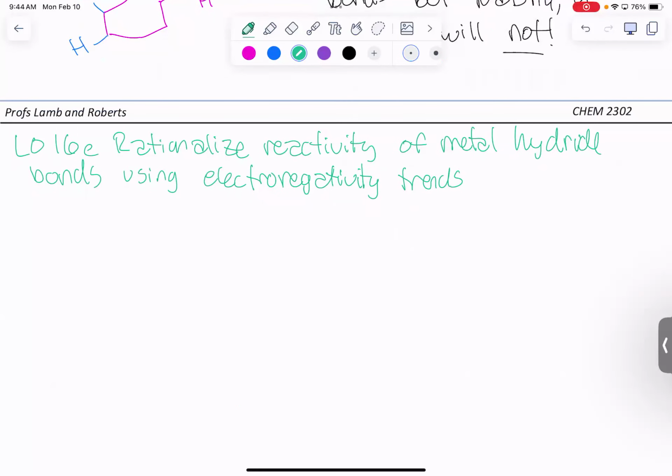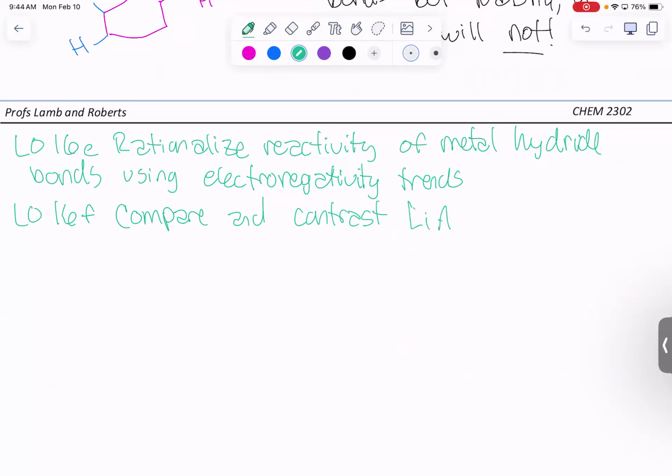So we're going to add another learning objective here, which is 16F, and the example I'm going to use is going to help rationalize. In this case, we're going to compare and contrast lithium aluminum hydride and sodium borohydride.